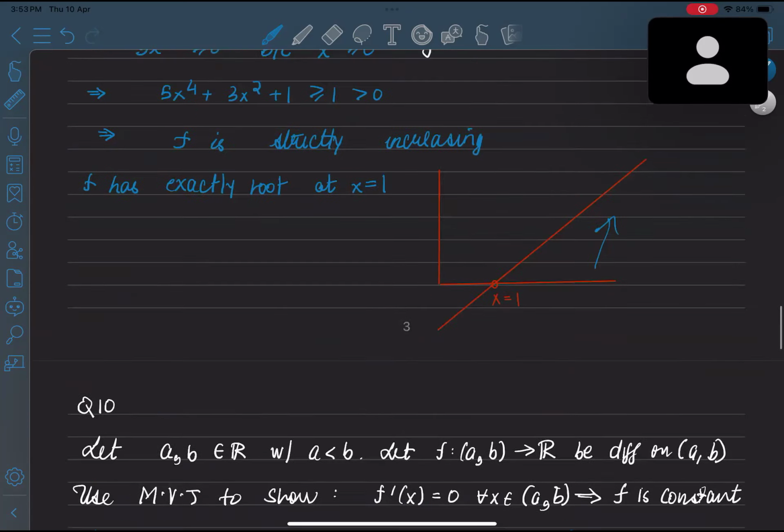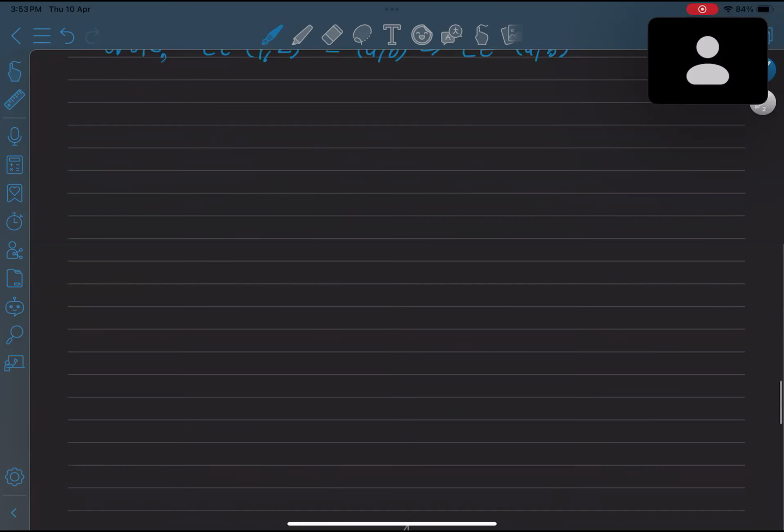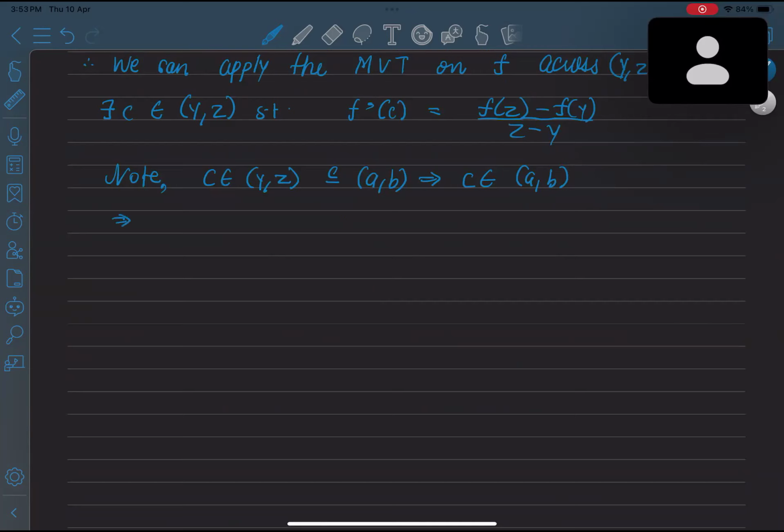And we have, given that for all x in (a, b), f'(x) is 0, which means f'(c) is 0, which means (f(z) minus f(y)) over (z minus y) is equal to 0. But note y is less than z, so this just implies f(z) is equal to f(y).